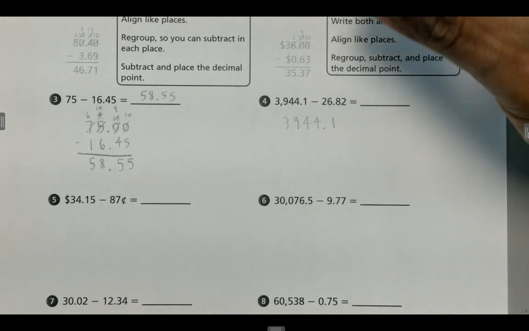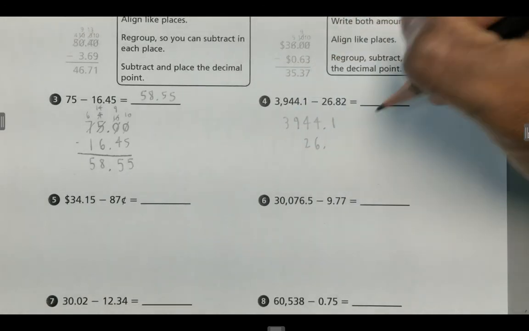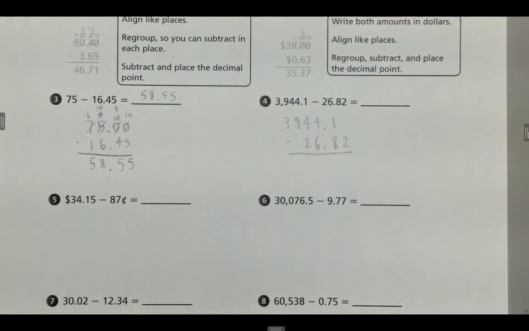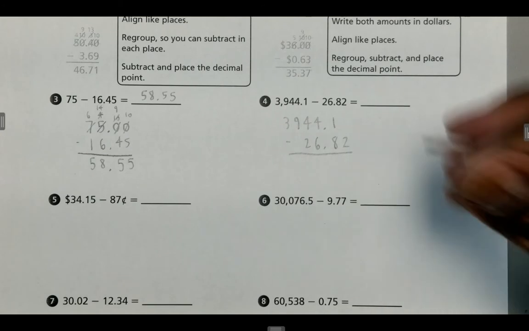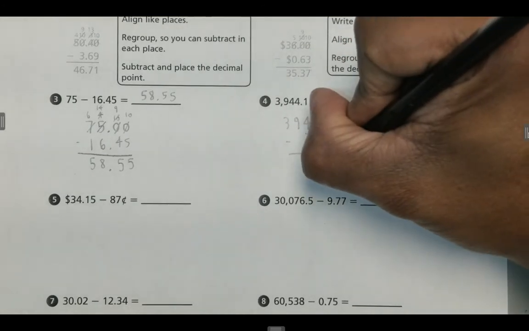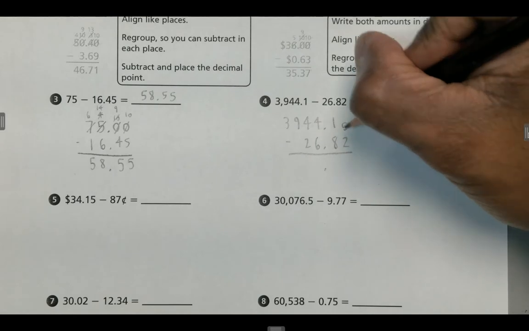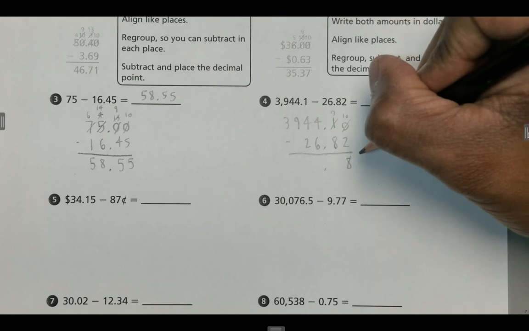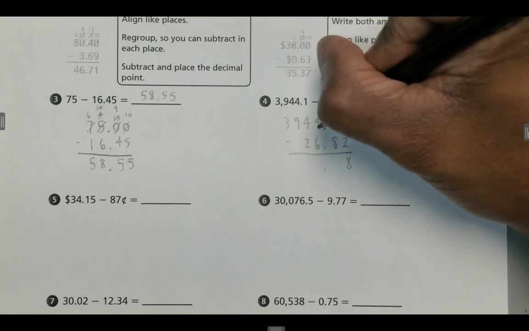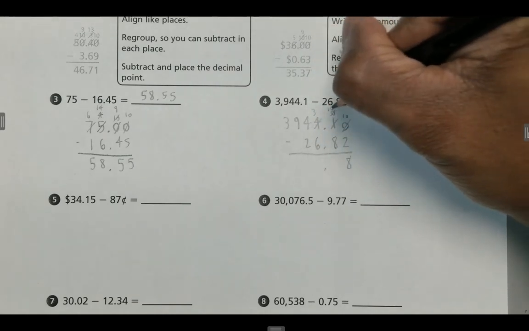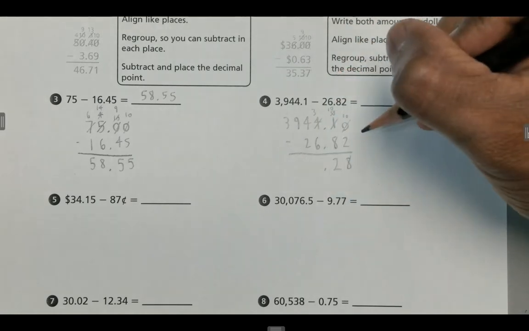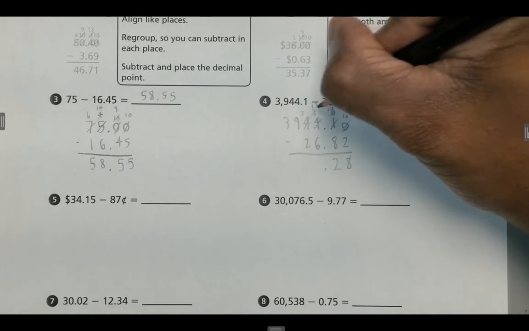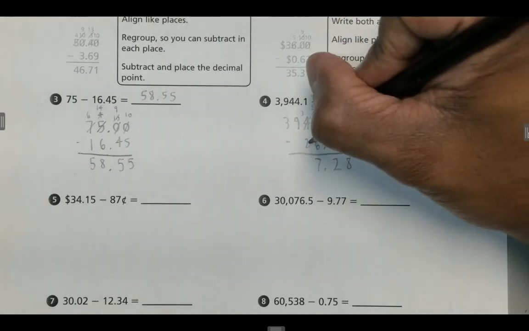$3,944 and 1/10 minus 26 and 82/100. I'm going to add my 0 here. 0 minus 2, the 0 needs to borrow. 10 minus 2 is 8. 0 minus 8, the 0 needs to borrow. 10 minus 8 again, or not again. 3 minus 6, the 3 needs to borrow. 13 minus 6 is 7. 3 minus 2 is 1.